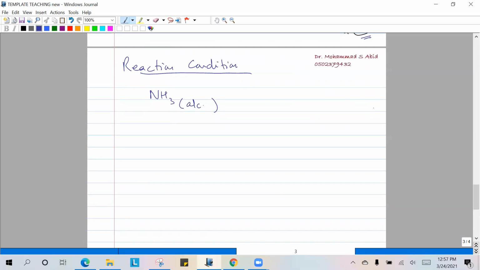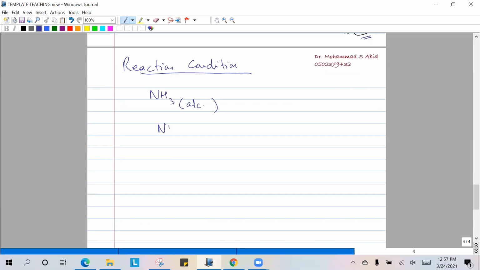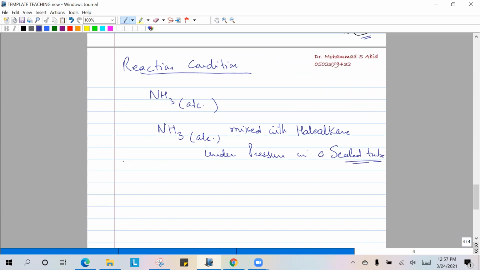So what we do is alcoholic ammonia is mixed with haloalkane under pressure in a sealed tube. So the sealed tube is important. You take a glass tube, you put all the things inside and you seal it.